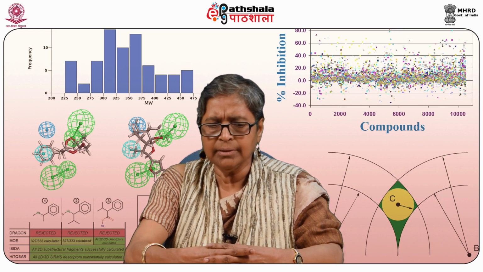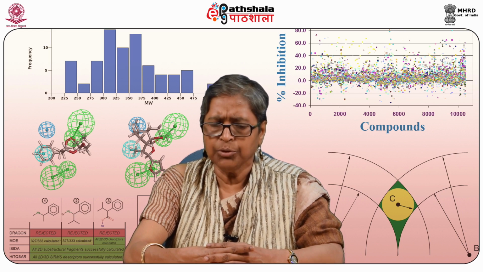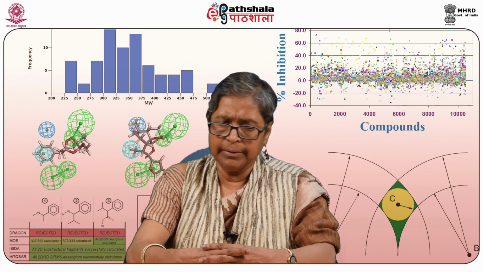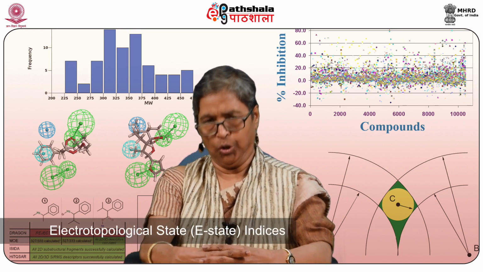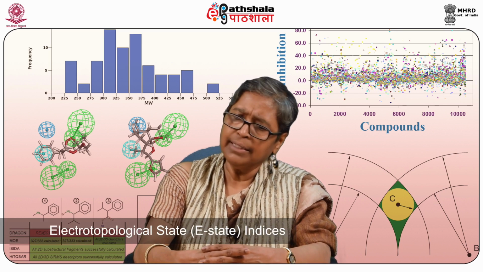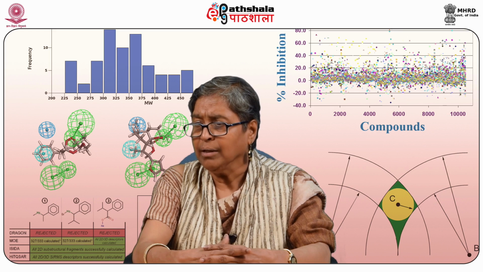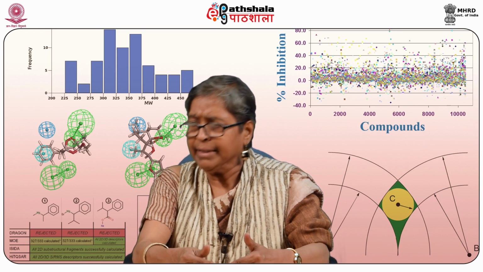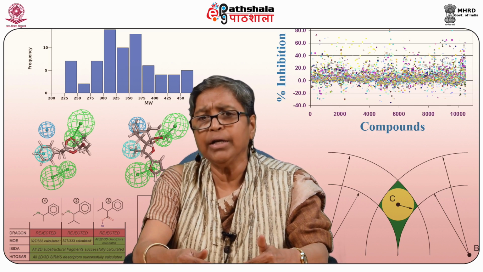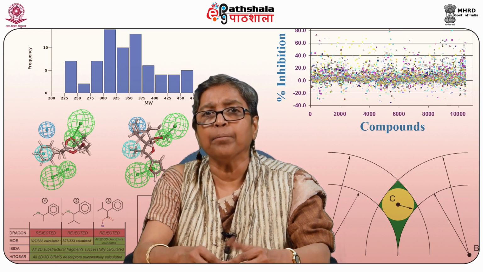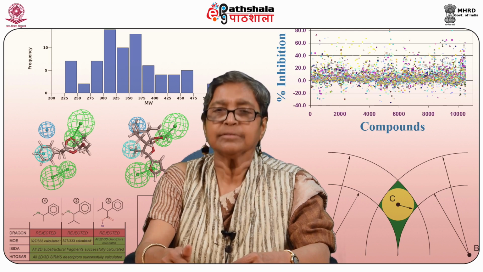Another important index which has been utilized in chemical notations and chemical data analysis is the electrotopological index, and this is called E-state. That has been related very much to polarity and hydrogen bonding capability. We will be showing you some of the examples in the next few slides.